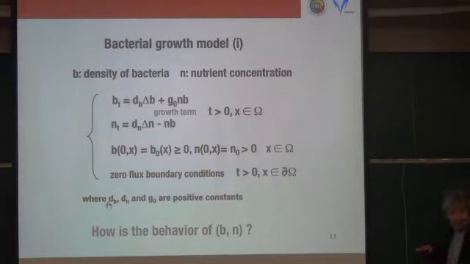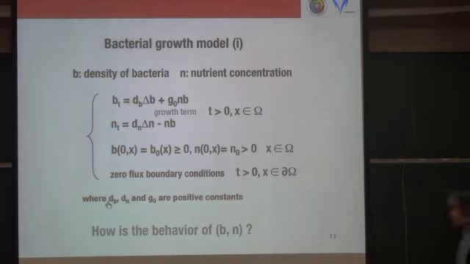Of course, in mathematics we may put N0 as a function of x, but this is coming from the experiment. This is constant, okay. And dB, dN, and G0 are positive constants. And the values are coming from the biological requirement, okay.